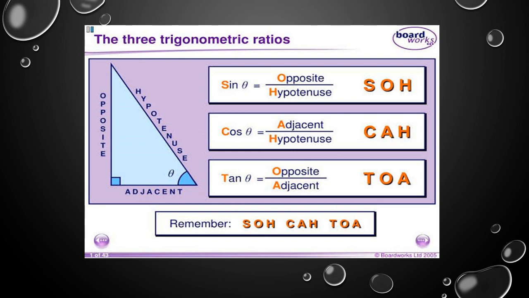Sine theta means opposite side by hypotenuse, cos theta is adjacent side by hypotenuse, and tan theta is opposite side by adjacent side. The side opposite to theta is called the opposite side. The hypotenuse is always fixed; we have to decide the rest of the two sides. So how can we identify the opposite side? It is opposite to theta.